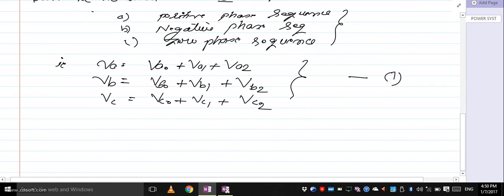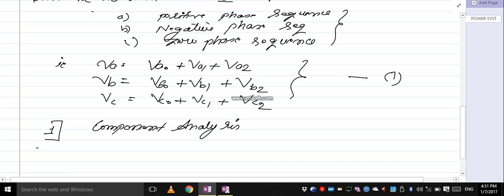Now there are again two concepts. First one is component analysis, and second thing is component synthesis.